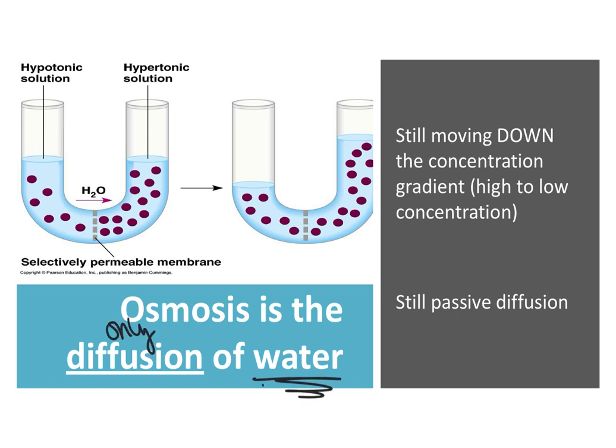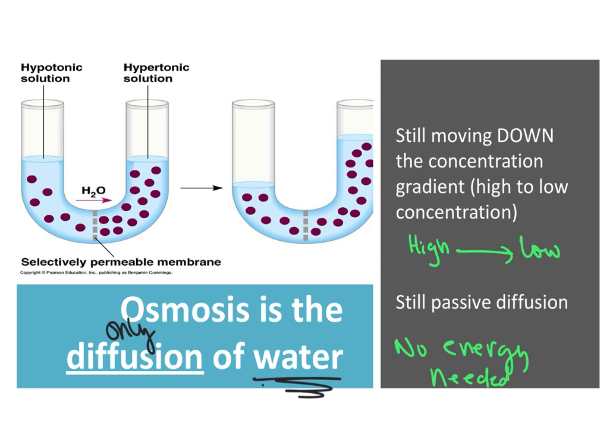So anytime we're talking about osmosis, we're looking at the movement of water and nothing else. But the key thing is, water is still going from an area of high concentration to a low concentration. So there's still no energy needed.